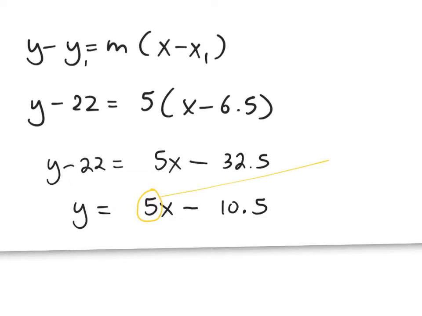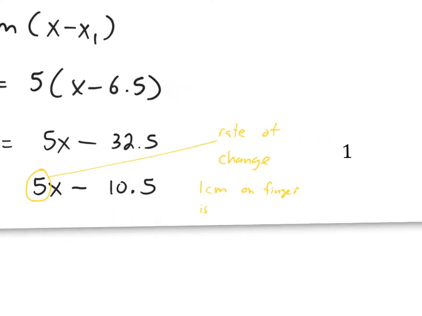5 means rate of change. And practically speaking, what that means is, so this is like an exchange rate, every 1 centimeter larger on a finger is 5 centimeters more on your foot.